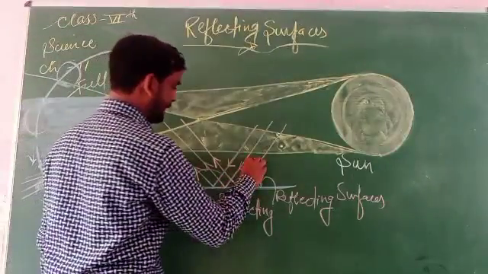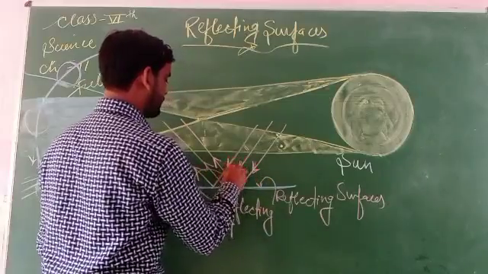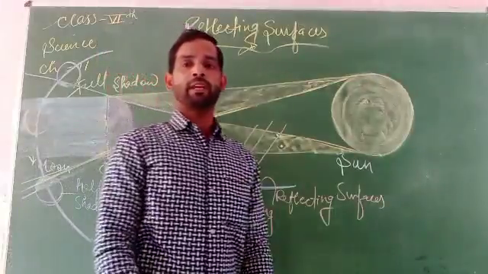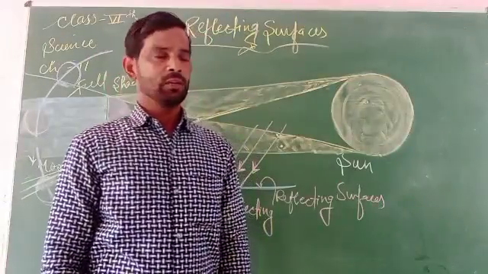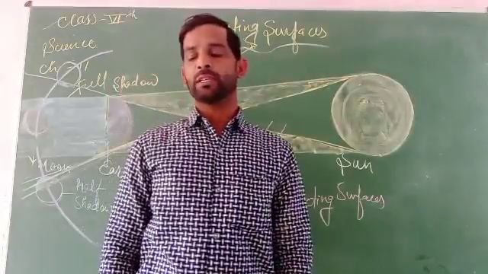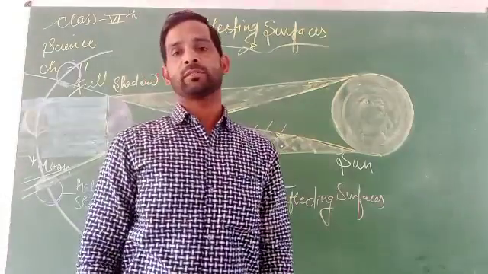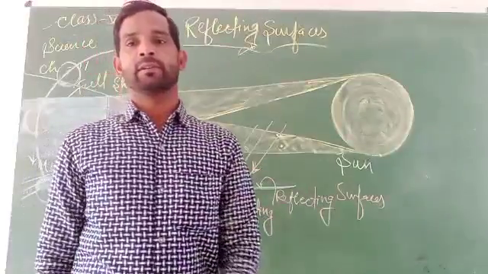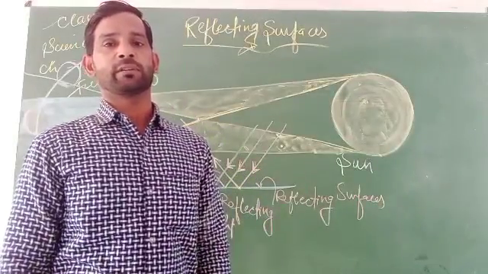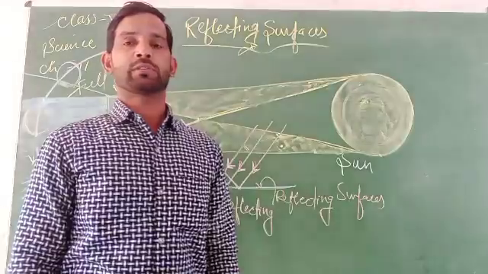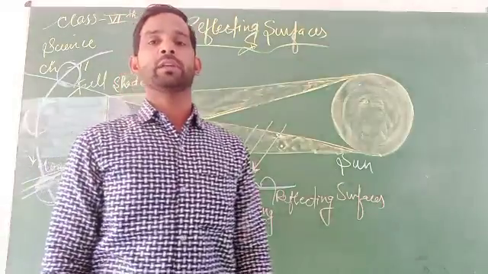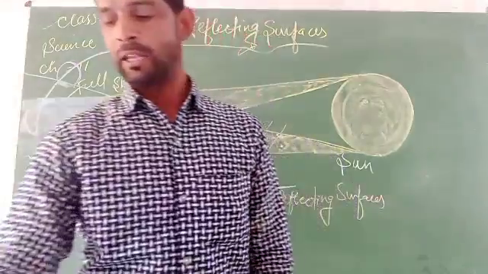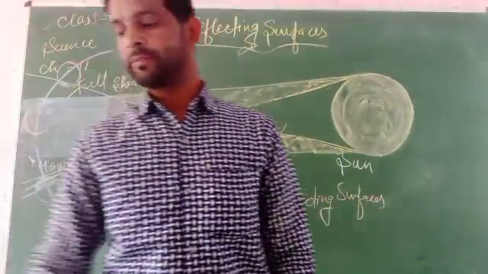Because this light falls on a medium and has to be brought back into its original medium. So this one is called reflecting light, or the reflection of light.